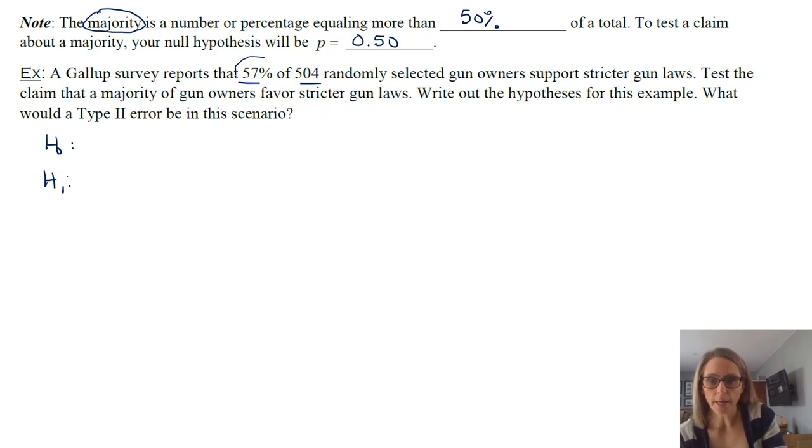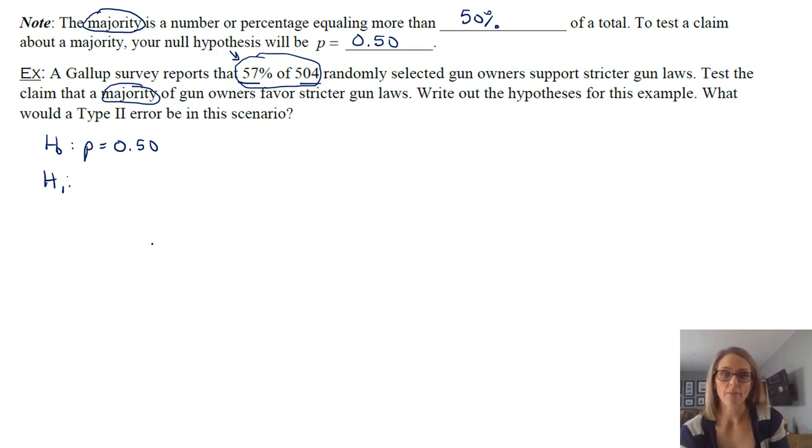This is our sample data here. So this should not be part of our null or our alternative, because that's what we're trying to use to see if the null has changed. So when they use the idea of majority, they're saying, okay, let's say that it's 50%. And then you can see we have this sample data that shows 57%.